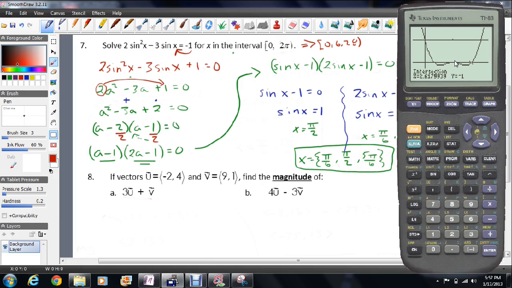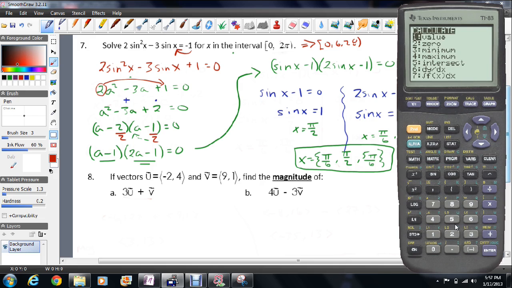Let's go back and see if we can get that middle intersection. I'm not really sure why it jumped. Okay, hit enter, enter, enter. Okay, I'm going to try one more time.